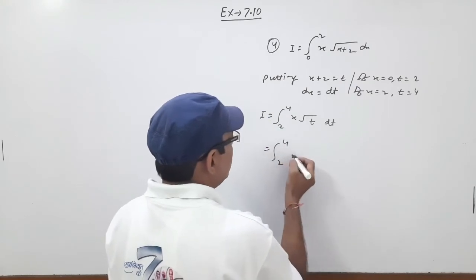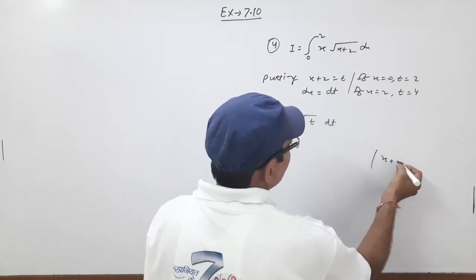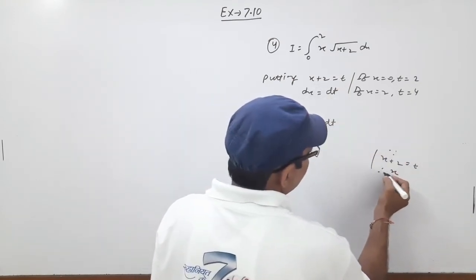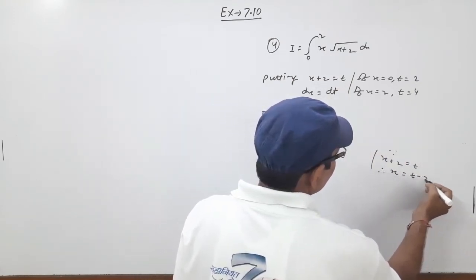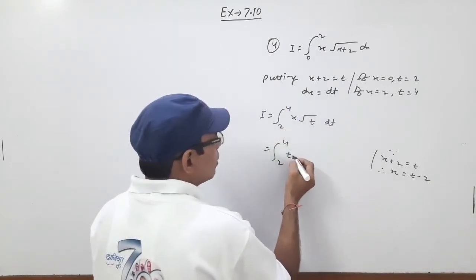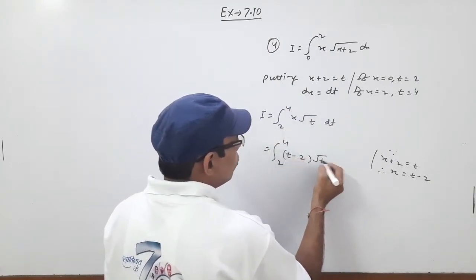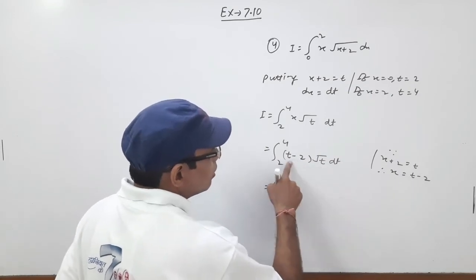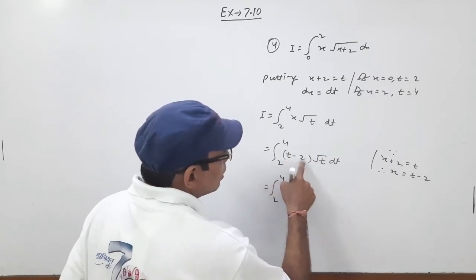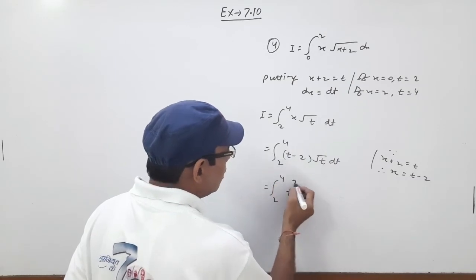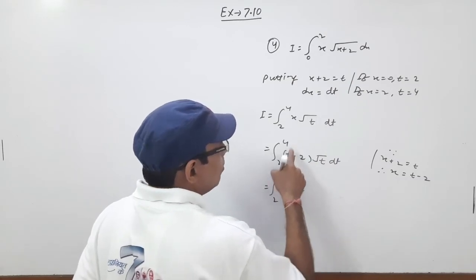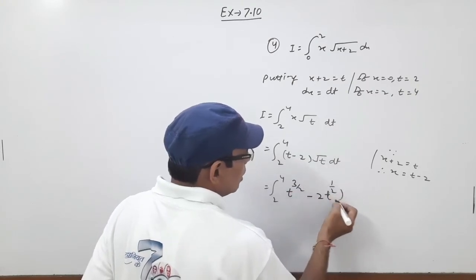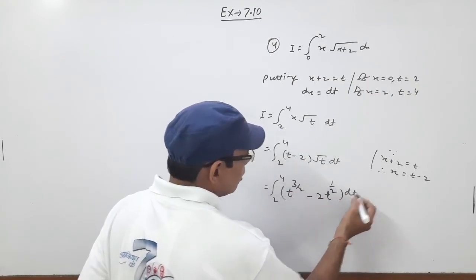Because we have x plus 2 equal to t, therefore x equal to t minus 2, and under root t, we multiply under root t to this. We have t power 3 by 2, since t power 1 times t power half becomes 3 by 2, minus 2 t power half, and dt.